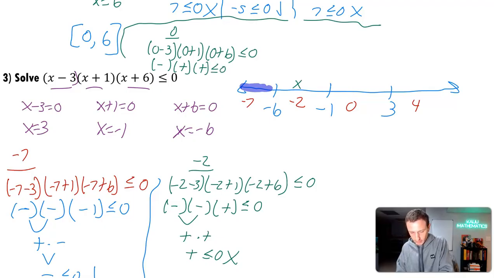Negative times a positive is a negative. Another negative times a positive is another negative. So we get a negative less than or equal to 0. Yes, that one's true. So this region worked.